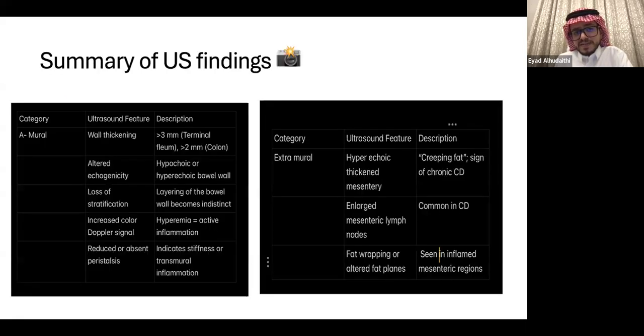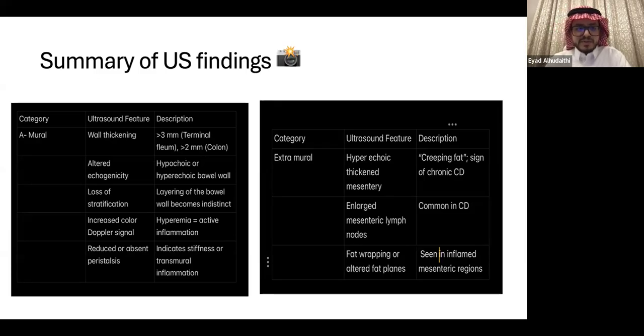So I've made this summary of the mural and extramural. You can find the extramural on your right. So extra means outside the bowel wall. And if you go to the second column, you can see it's things that are located outside the gut, like mesentery, lymph node, and fat.